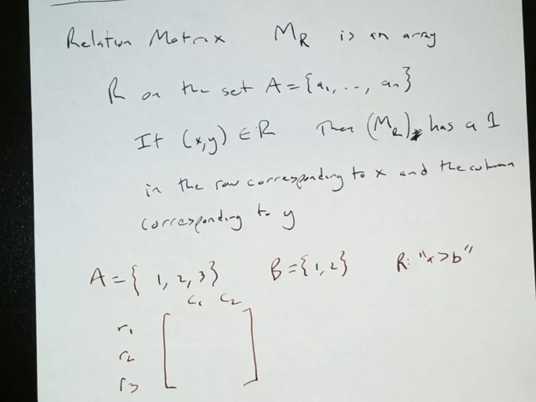A row for the numbers 1, 2, and 3, columns for the numbers 1 and 2. And in each entry here, 6 total numbers, you either put a 1 or a 0. You put a 1 if it's in there. You put a 0 if it isn't.